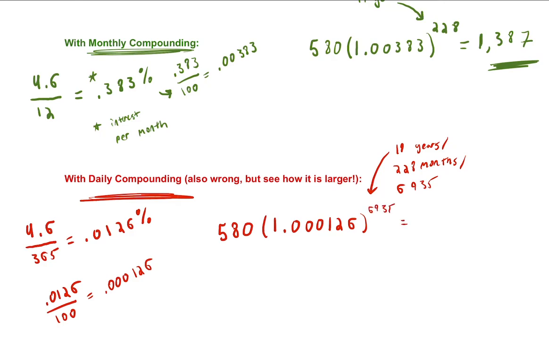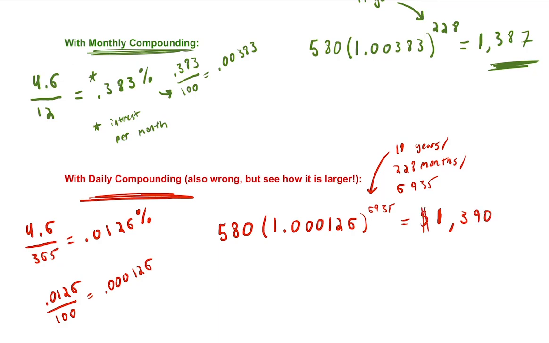And so we work all of this out. You type this into your calculator, 580 times 1.000126 to the 6,935, and you get, once again, $1,390. So once again, a little bit higher.